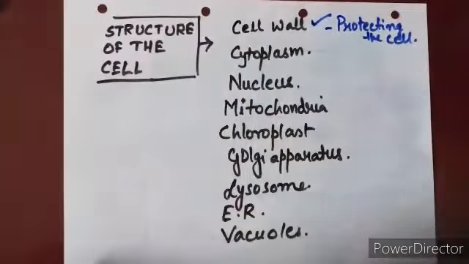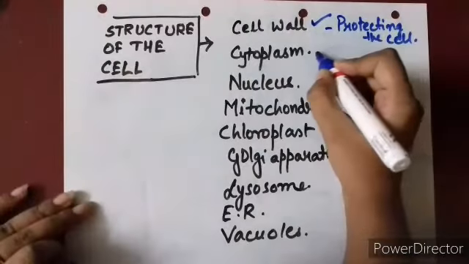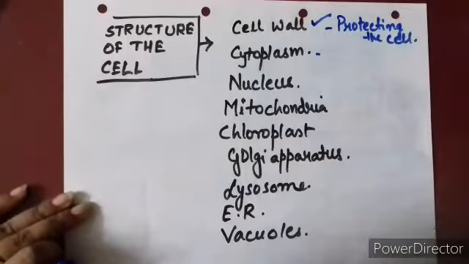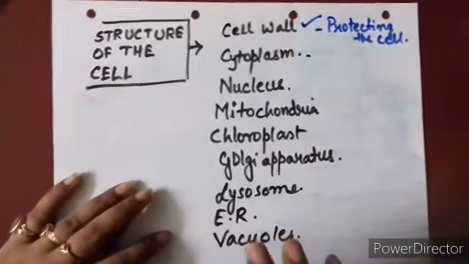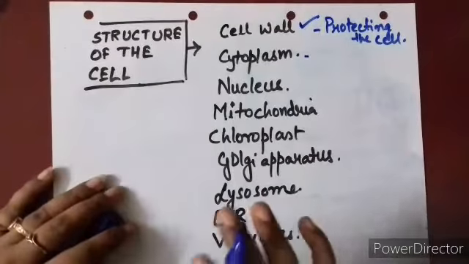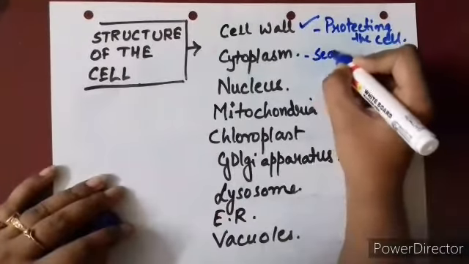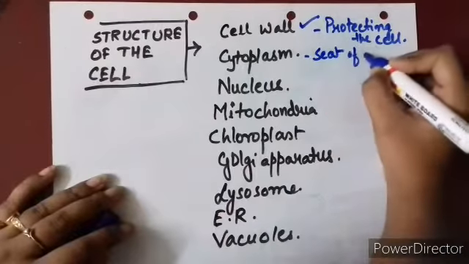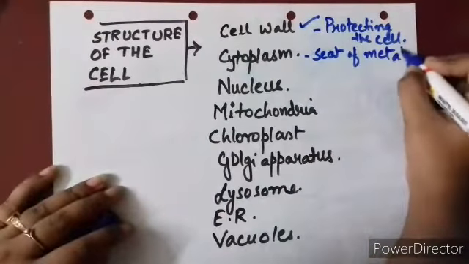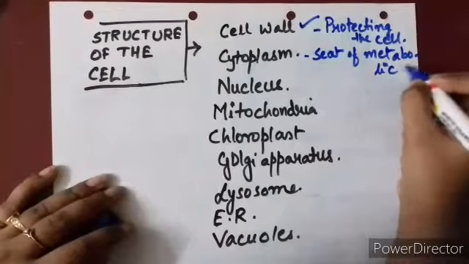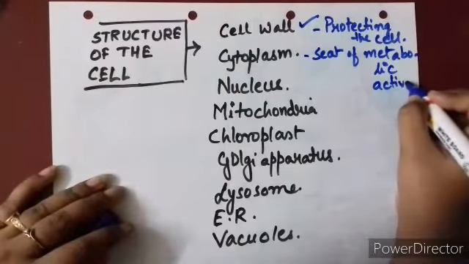Now what is cytoplasm? As I have already told you, cytoplasm is a gel-like matrix and its main work is metabolic activities. It is the seat of metabolic activities.